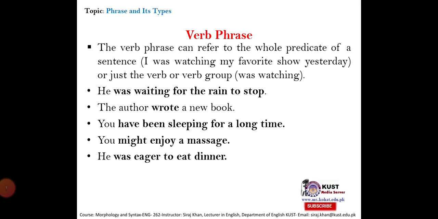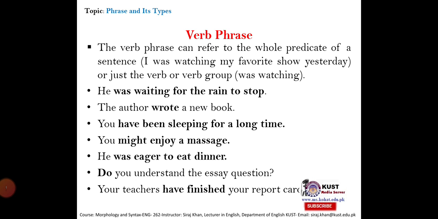He was eager to eat dinner. Some of the examples: do you understand the easy question? Your teachers have finished your report card. Our phrase here can be the predicate of a sentence or a clause, like have finished.